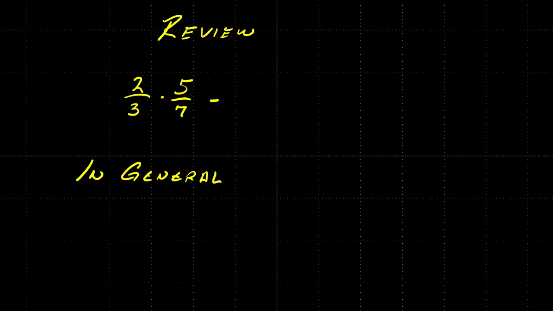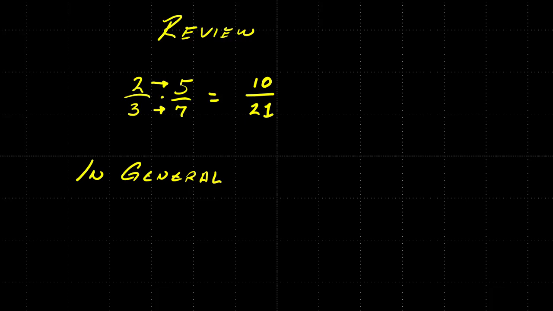And if you recall, to multiply two fractions, we multiply the numerators just straight across like this. 2 times 5 would be 10. And then we multiply the denominators. In this case, that would be 3 times 7, which is 21.